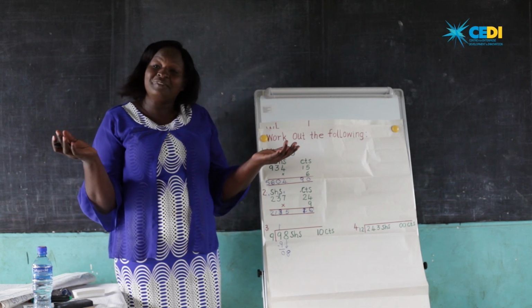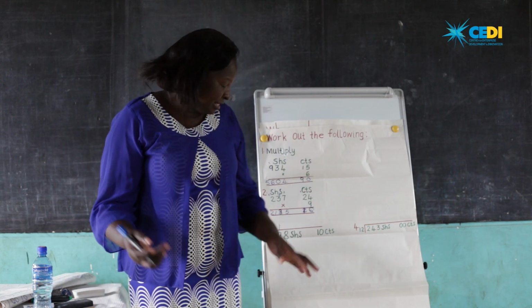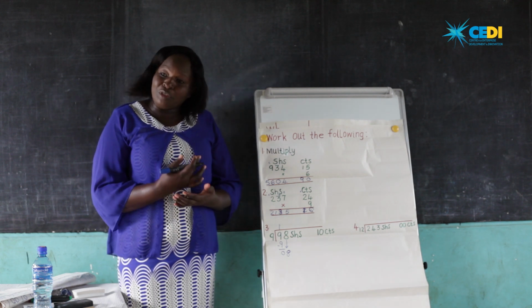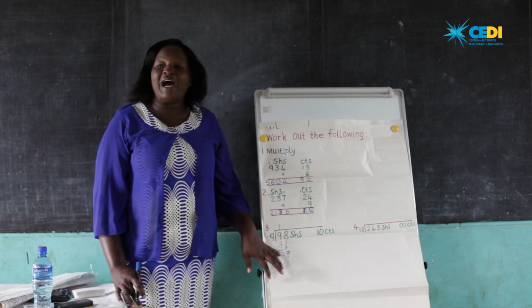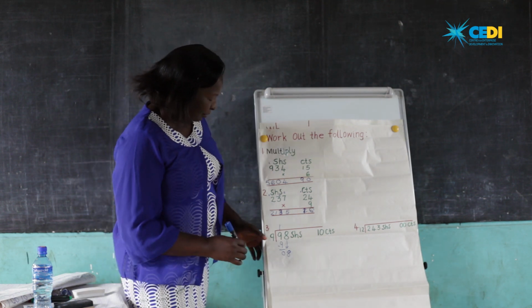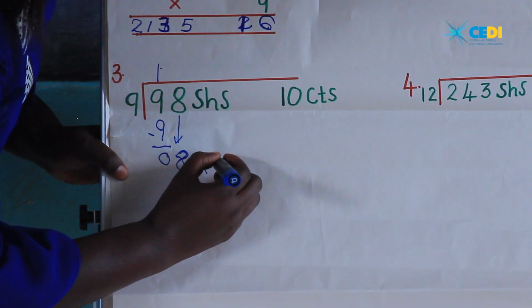We cannot divide 8 shillings among 9 children. So what do you do? You have to convert the 8 shillings into cents by multiplying by 100.